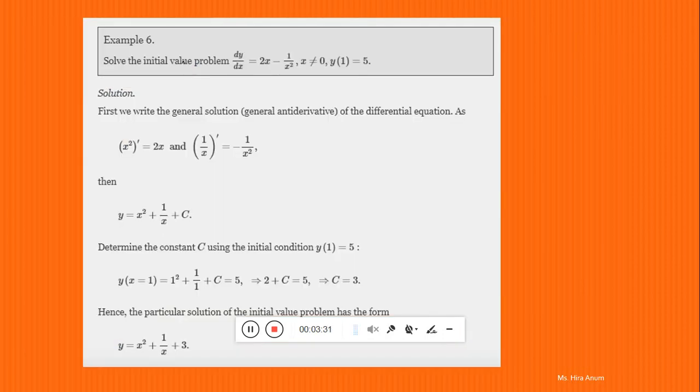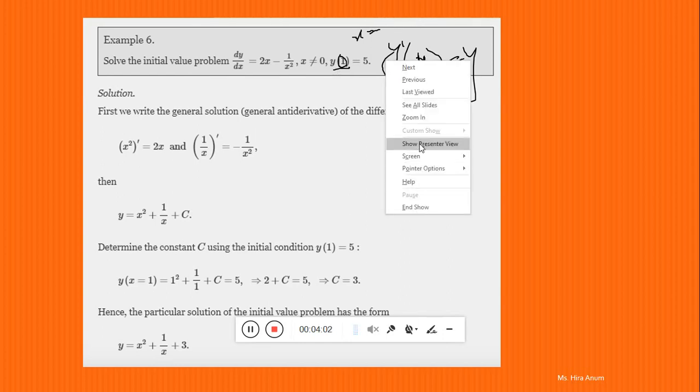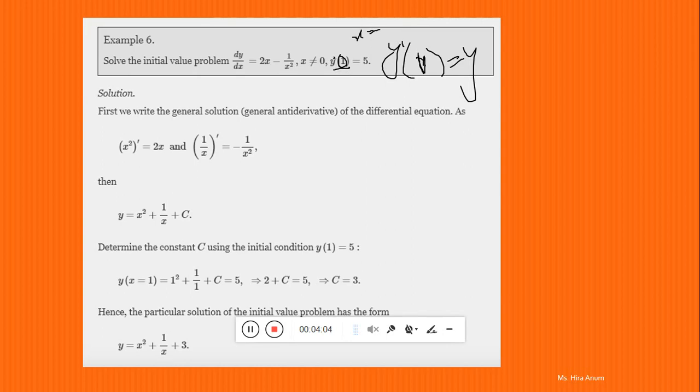Then we have a second initial point. An initial point means the condition is at x value 1. You have the next condition, f prime of x at 1 equals 2 or anything. Its condition is on the same x point. If x changes value here and here, then it becomes a boundary value problem. But here we have a single x, so it is an initial value problem.